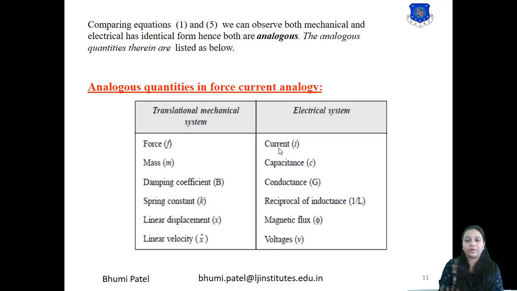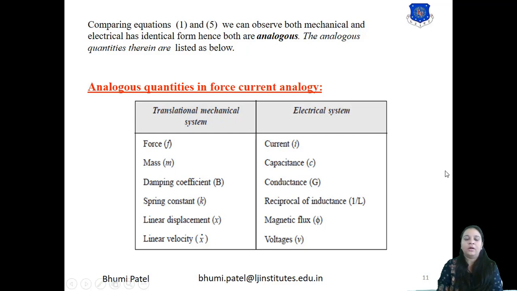Comparing equation number 1 for the mechanical system and equation number 5 for the electrical system, we can observe that both the mechanical and electrical systems are identically formed, hence both are analogous. The analogous quantities are listed as below. So this is the force current analogy.